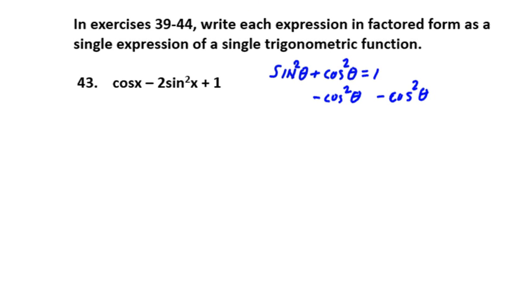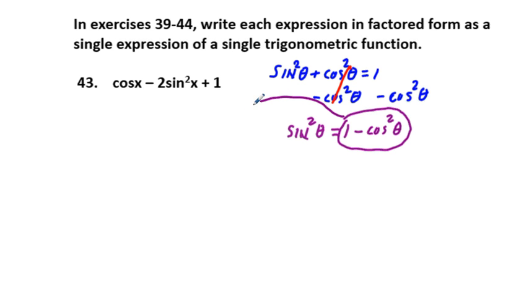We have a cancellation on the left, so we get sine squared theta equals 1 minus cosine squared theta. And we can replace sine squared theta in our original expression with this.